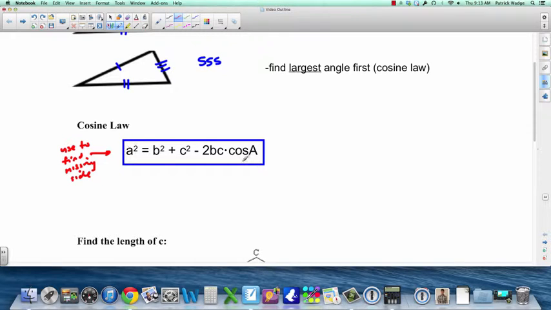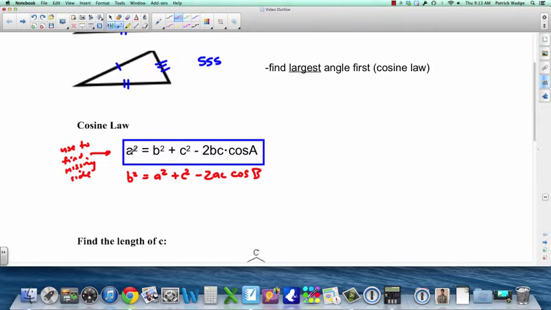I'll give you this one on a test or a quiz, but you need to also be clear that a squared equals b squared plus c squared and so on is also the same kind of, if you just reorder the sides, b squared equals a squared plus c squared minus 2ac cosine b. Does that make sense?